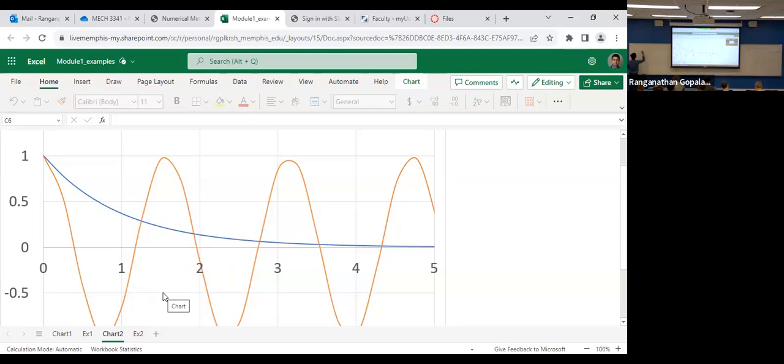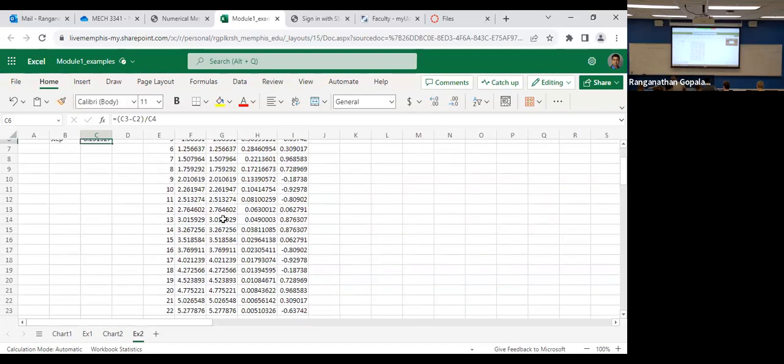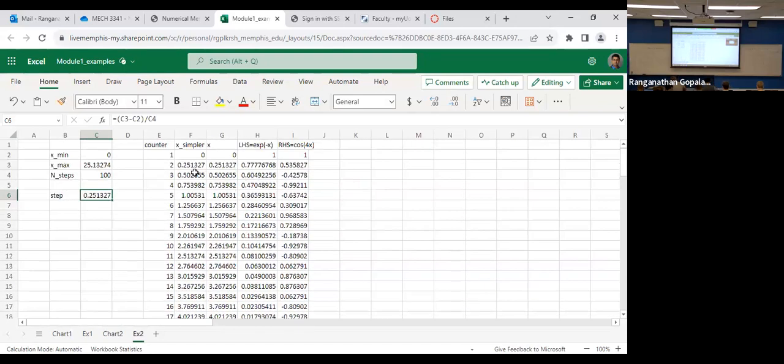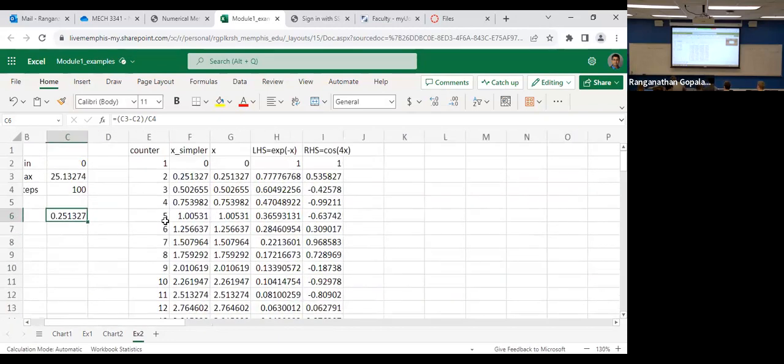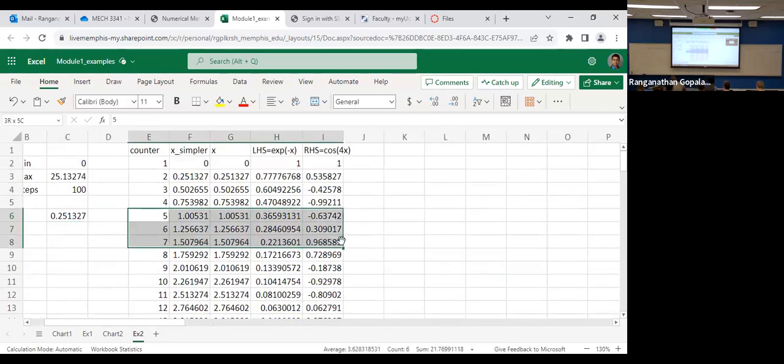The simpler way is to just use the lookup table, look up the table which was used to graph the function in the first place. So if you go back to the table, we know our root lies between 1 and 1.5. So I'm going to highlight between 1 and 1.5.